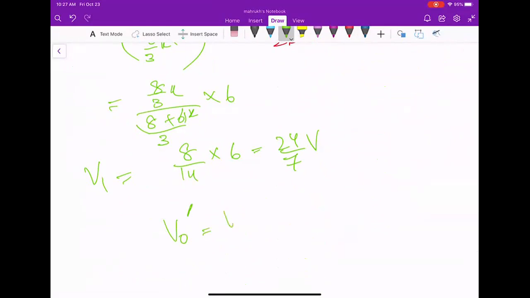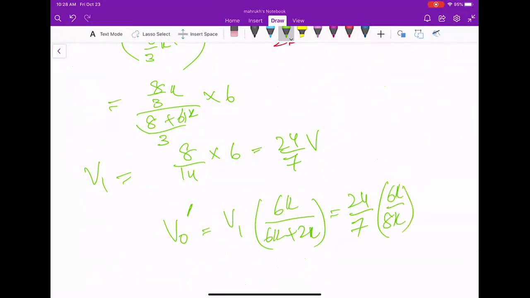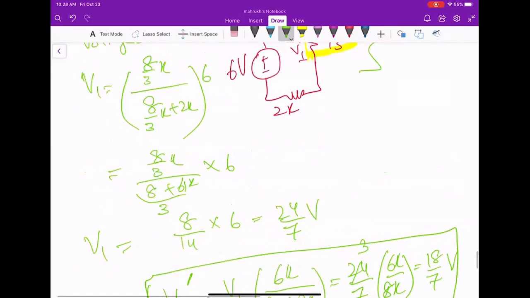So my V naught dash is V1, 6K over 6K plus 2K, which is 24 by 7 times 6K by 8K, making it 18 by 7 volts. So this is my V naught dash.